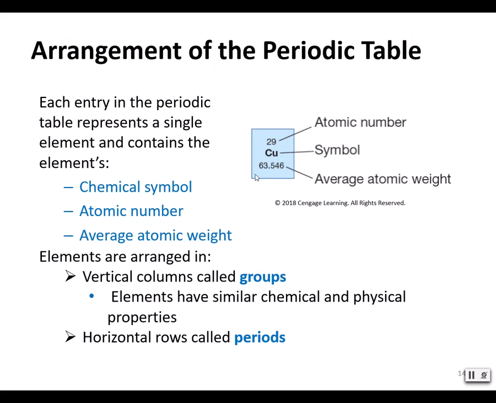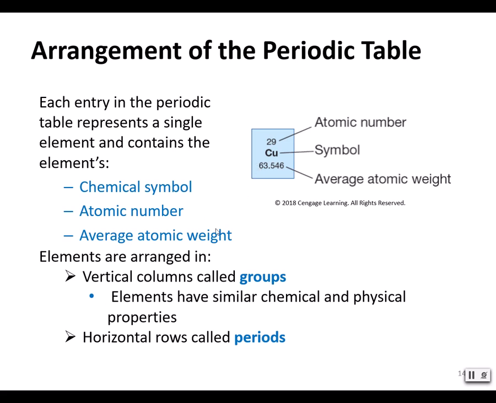Now let's take a look at each little home, each little square of the periodic table. We've mentioned this in previous videos, but just so we're all on the same page. Each element has its own little home on the periodic table, and in its little square, it has the 1 or 2 letter symbol. The atomic number is the number above that symbol. That atomic number is equal to the number of protons. Its atomic mass is actually an average atomic mass or an average atomic weight.